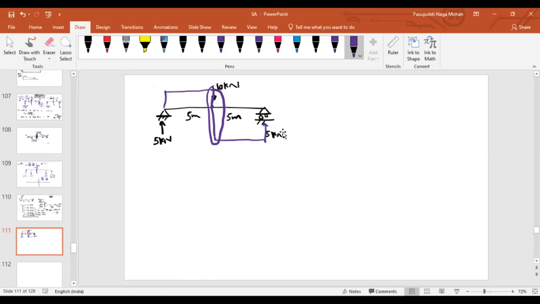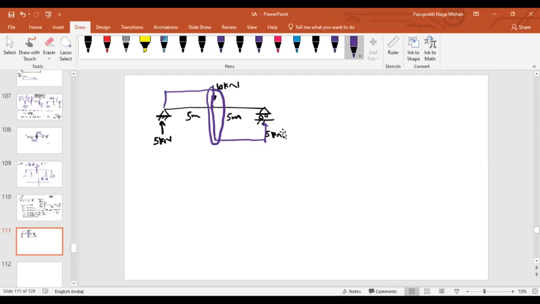So we have to find it just to the right or just to the left.